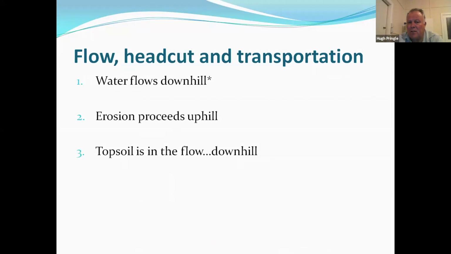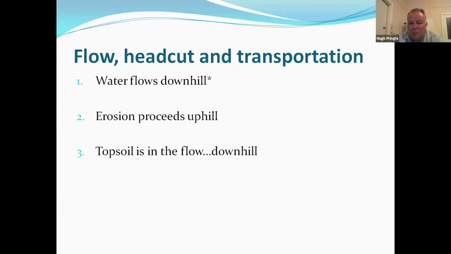So water flows downhill. That's pretty obvious. There are exceptions, but let's not worry about that detail. Gully erosion proceeds uphill, but even sheet erosion, those little waterfalls a centimetre high, they go uphill.